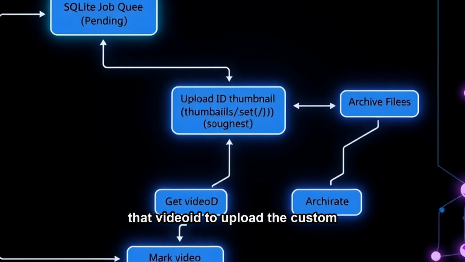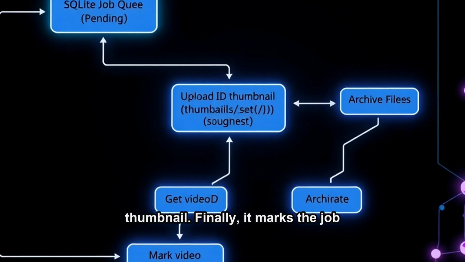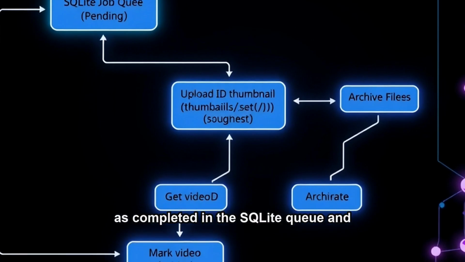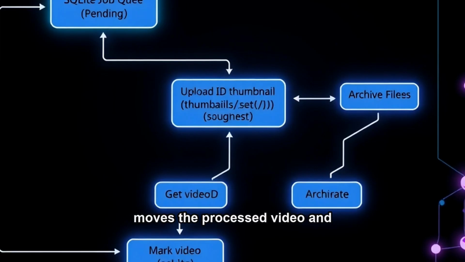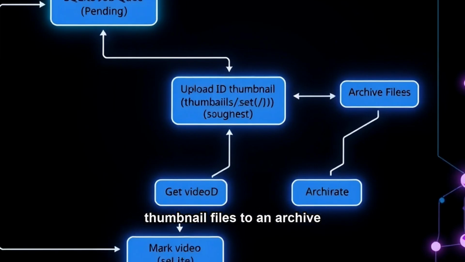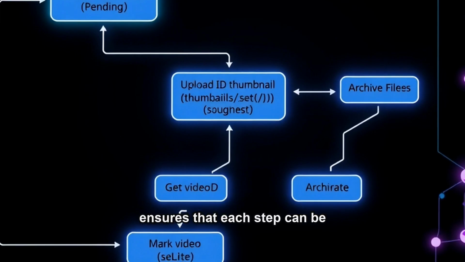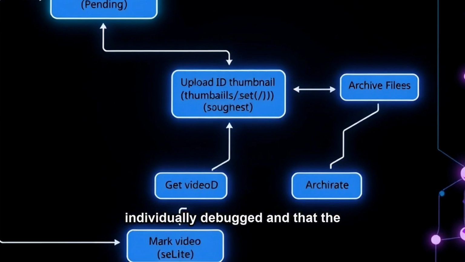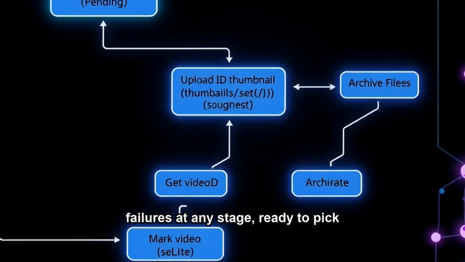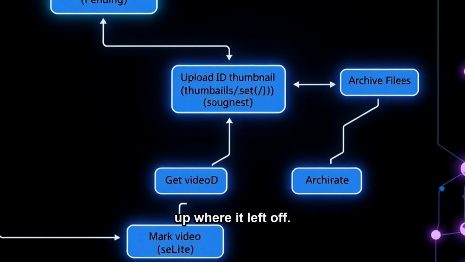Immediately after, it uses that video ID to upload the custom thumbnail. Finally, it marks the job as completed in the SQLite queue and moves the processed video and thumbnail files to an archive directory. This modular approach ensures that each step can be individually debugged and that the entire pipeline is resilient to failures at any stage, ready to pick up where it left off.